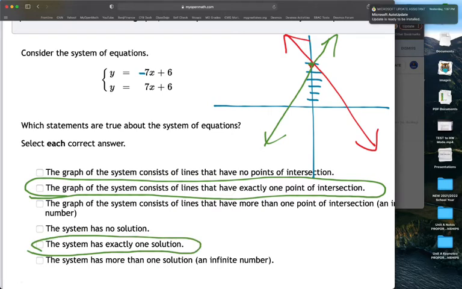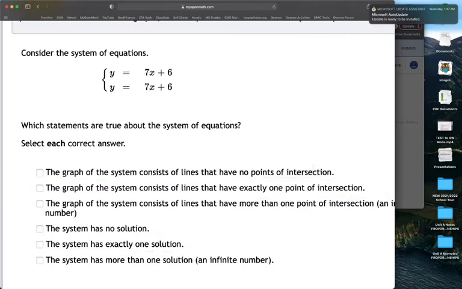Now, one other scenario that might appear is what if one of the y-intercepts is slightly different? So they have the same slope but different y-intercepts. If we do a quick sketch, the first equation has a y-intercept of positive 6 and a slope of 7.